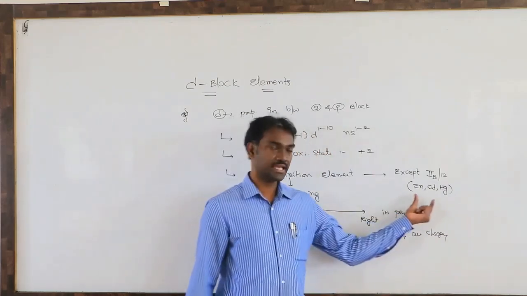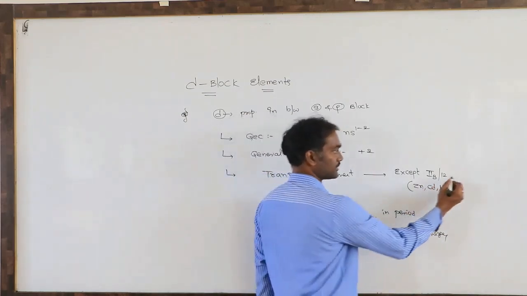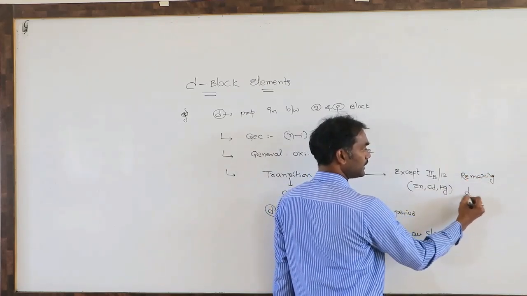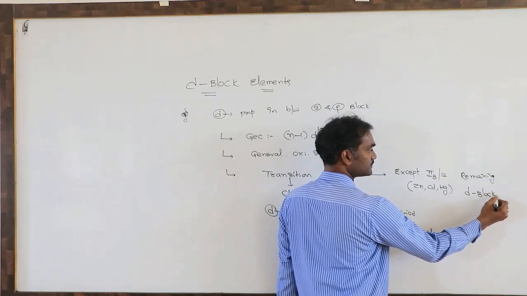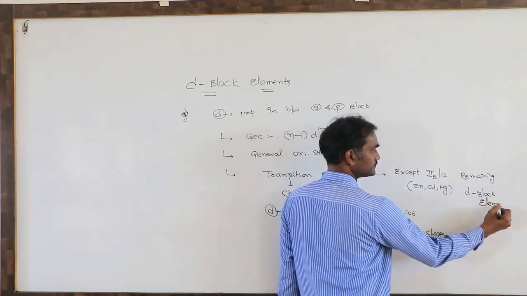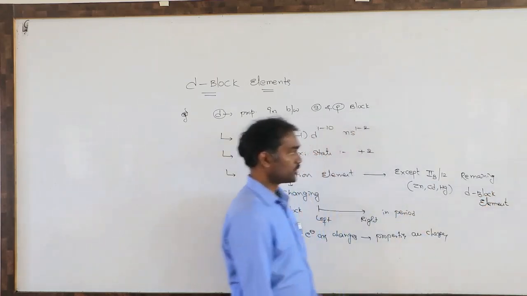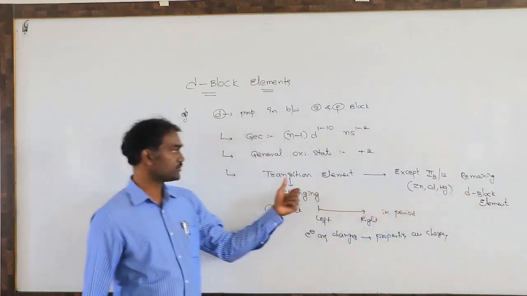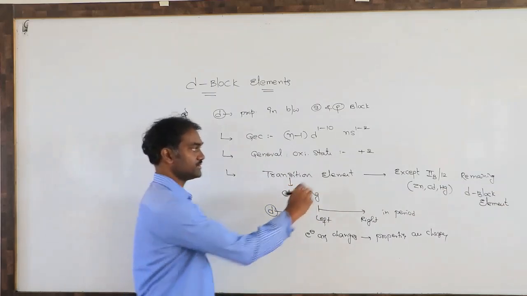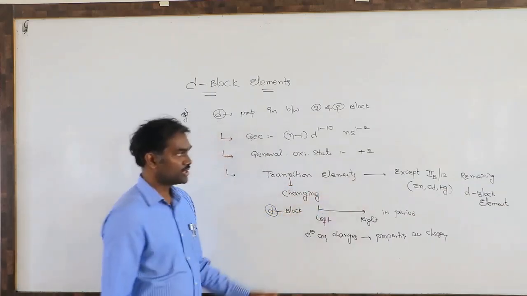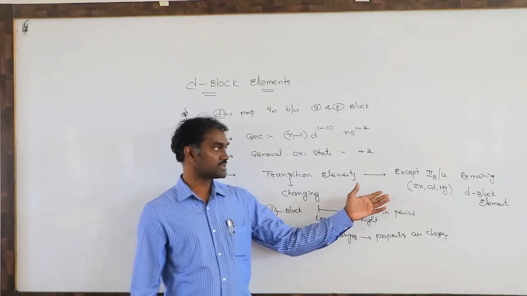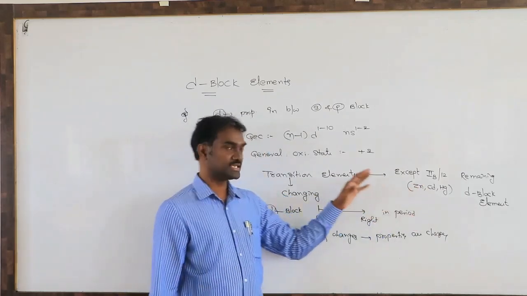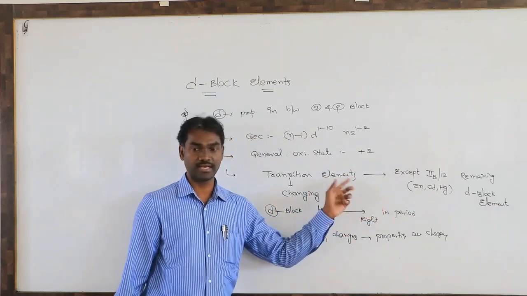Except these three elements, the remaining D block elements you call transition elements. So very important. In your entrance, they will ask which of the following is a transition element, or which of the following is not a transition element.